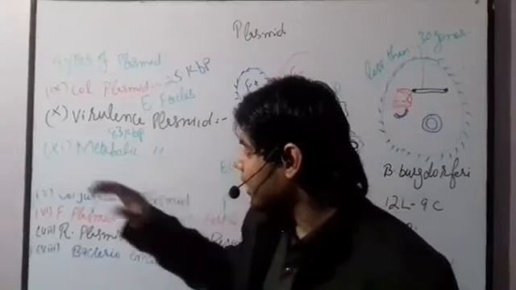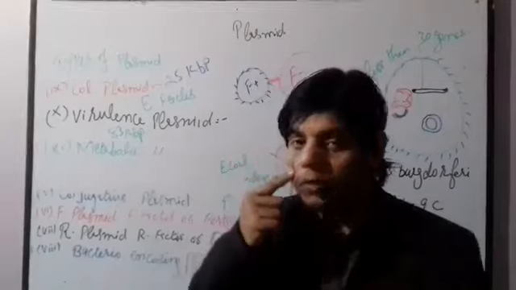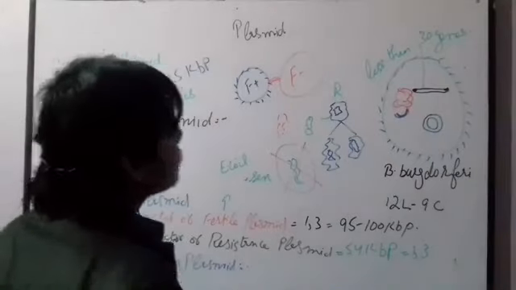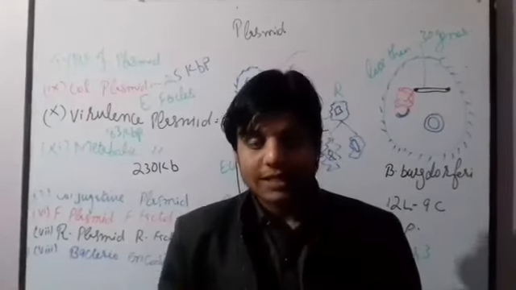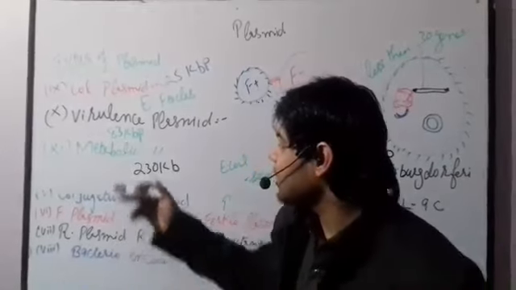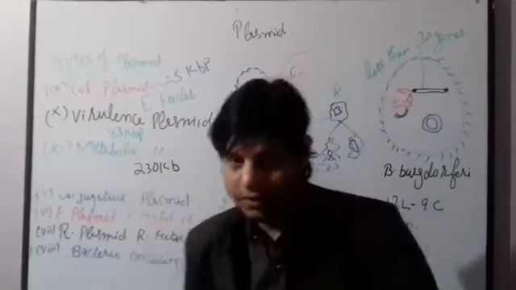The size of this plasmid will be 230 kilo base pair, and it is usually present in Shigella, Pseudomonas, Klebsiella, E. coli, and Salmonella. So in these bacteria, these metabolic plasmids are present.